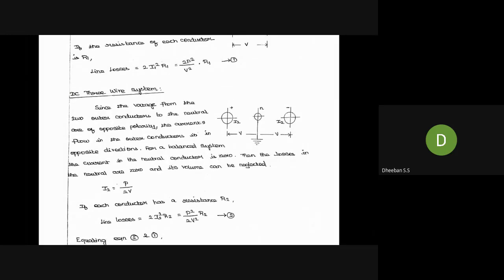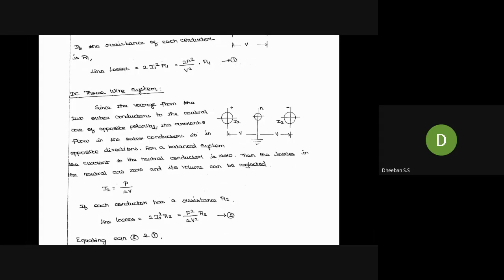Next we'll be dealing with your DC 3-wire system. In this DC 3-wire system, the voltages from the two outer conductors to the neutral are of opposite polarity.